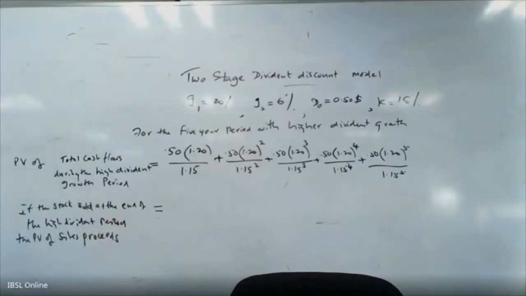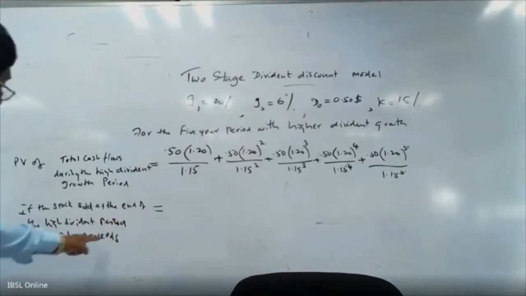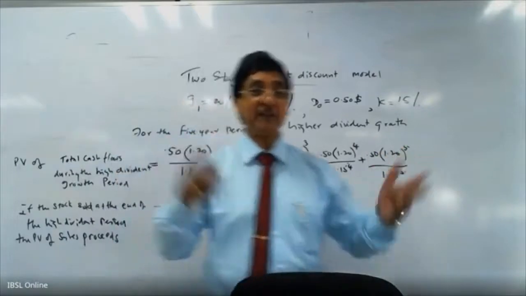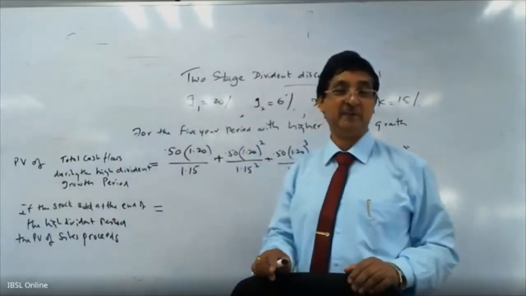Now I think this is very much important. If the stock is sold at the end of the high dividend period, the PV of sales proceeds means the selling price we have to calculate.